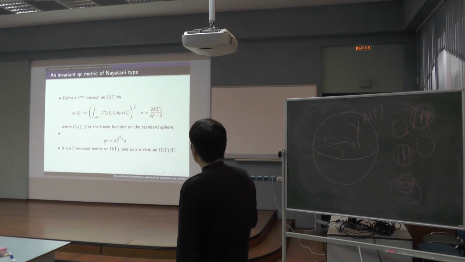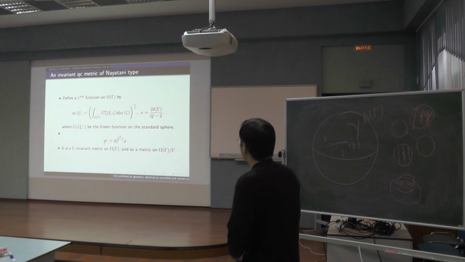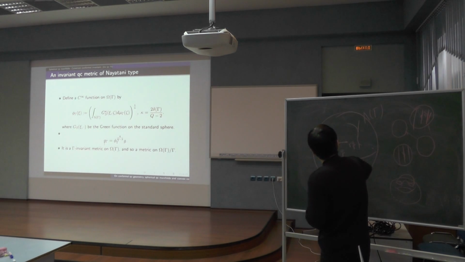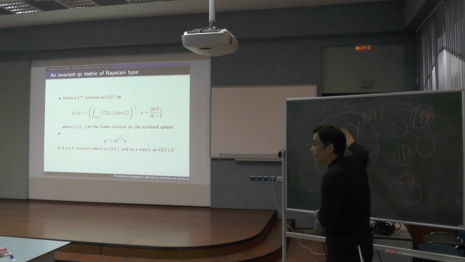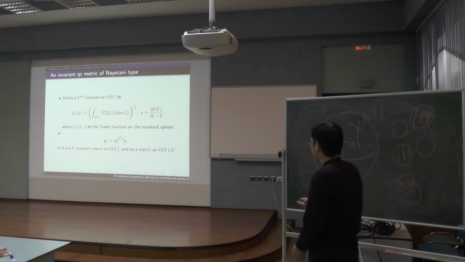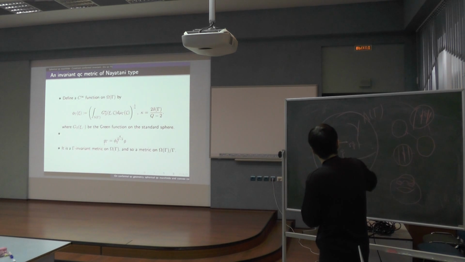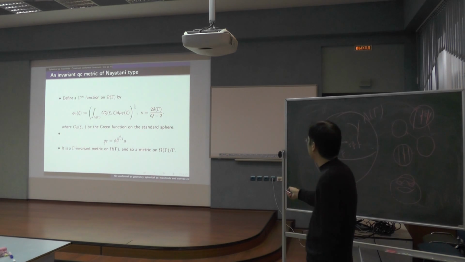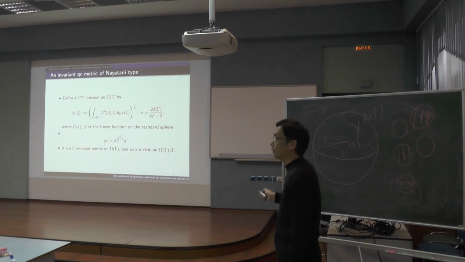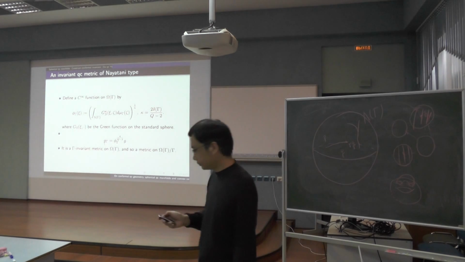That means we construct this metric g gamma on the complement of the limit set, and the group acts on it very nicely, and we can take the quotient by gamma to get a metric on omega gamma modulo gamma.